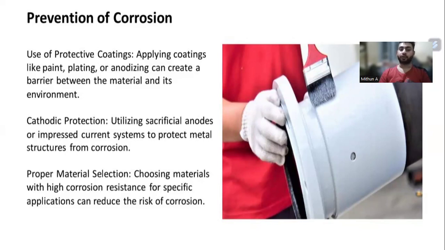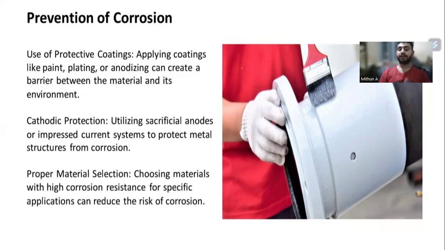Use of protective coatings: applying coatings like paint, plating, or anodizing can create a barrier between the material and its environment. Cathodic protection: utilizing sacrificial anodes or impressed current systems to protect metal structures from corrosion.